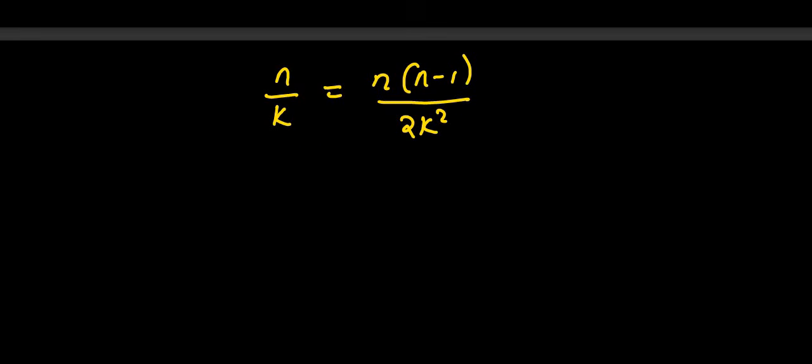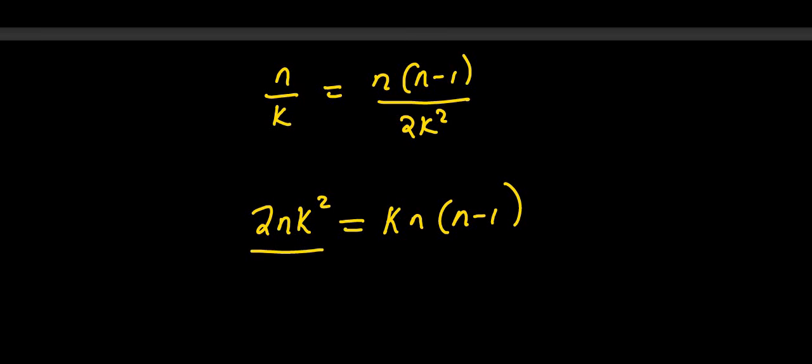We can cross multiply. This is going to be 2nk squared is equal to kn times n minus 1. There's an n and there's a k, so n and k can cancel this side, n and k can cancel this side, meaning 2k, 1k, the k that remains, is equal to n minus 1.